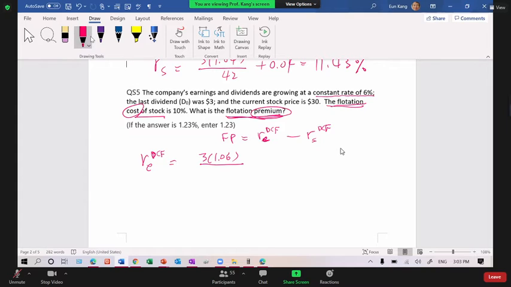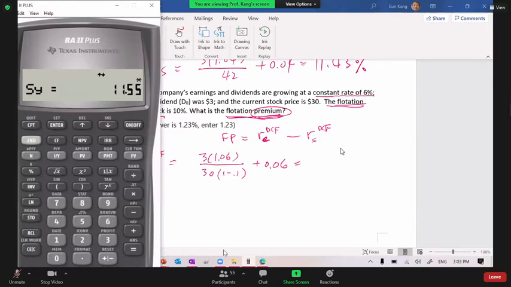Flotation cost is given as a percentage, so 30 times 1 minus 0.1, plus 0.06, right? Then 3 times 1.06 is 3.18. Let's store that.